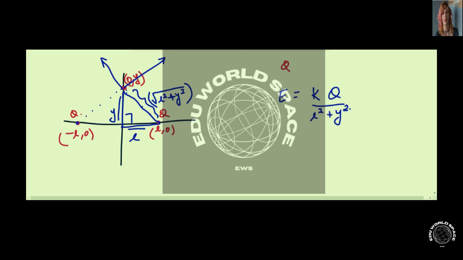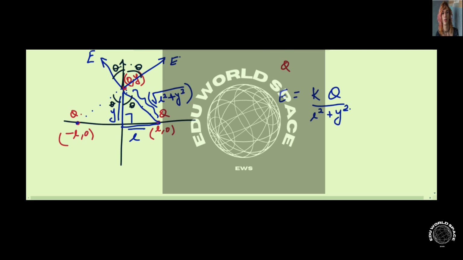So that is the electric field E, and this will also be E. But due to symmetry, if we take this angle as theta, this also will be theta, and this also will be theta, and this also will be theta. To find the net electric field, let us project the electric fields.